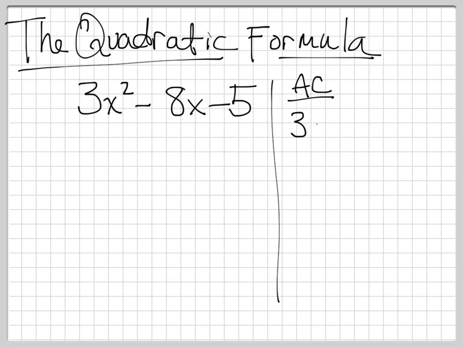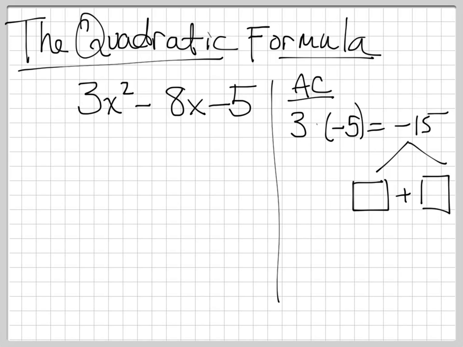You would multiply 3 by negative 5 and get negative 15, and you would try to factor this into two numbers so that when you added them you got negative 8. And then you would group and you would factor. The problem is there's no two numbers which multiply to be negative 15 which add up to be negative 8, with those two numbers also being just integers.